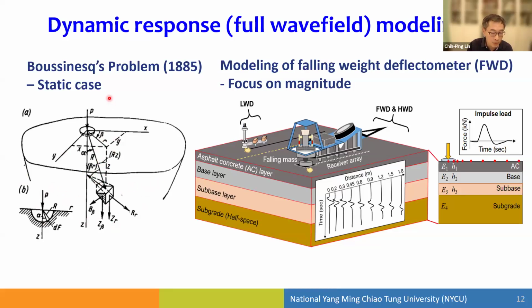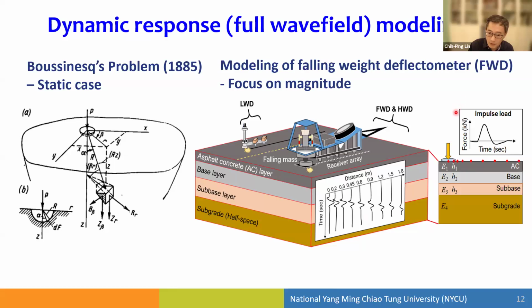But the Boussinesq solution is more of a static case, and we are interested in the dynamic case. Pavement is an ideal layered medium, and in pavement there is falling weight deflectometer testing, and people have worked on the forward modeling of FWD a lot.